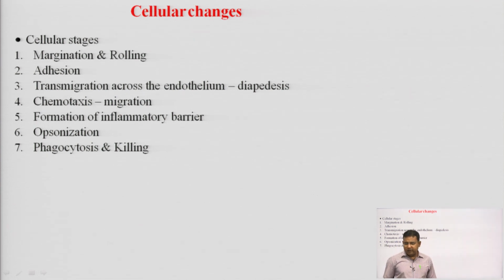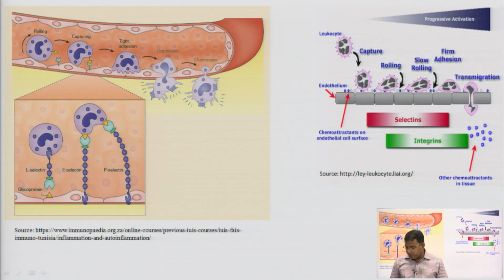So, cellular changes, there are cellular stages, these are the 7 stages that I will discuss: margination and rolling, adhesion, transmigration across the endothelium, that is called diapedesis, chemotaxis, this is migration, formation of inflammatory barrier, opsonization, phagocytosis and killing. So, here see the stages of these events.